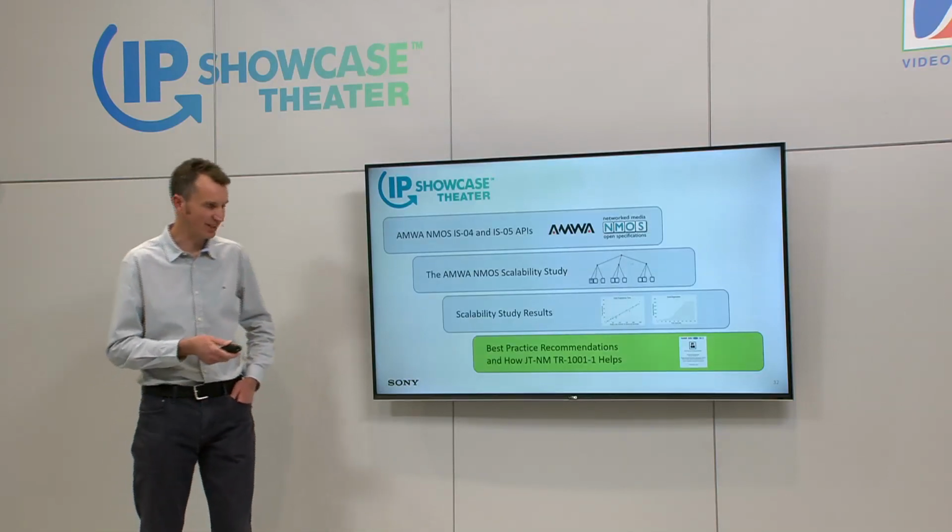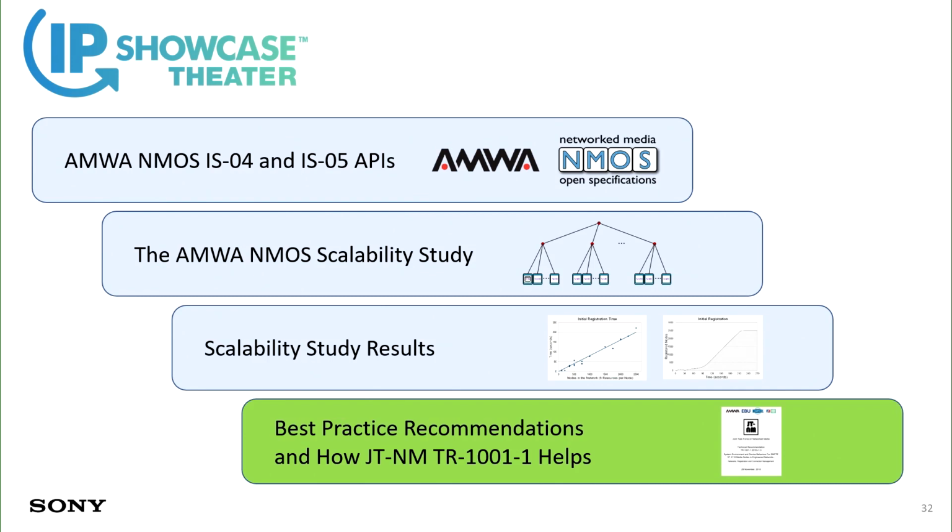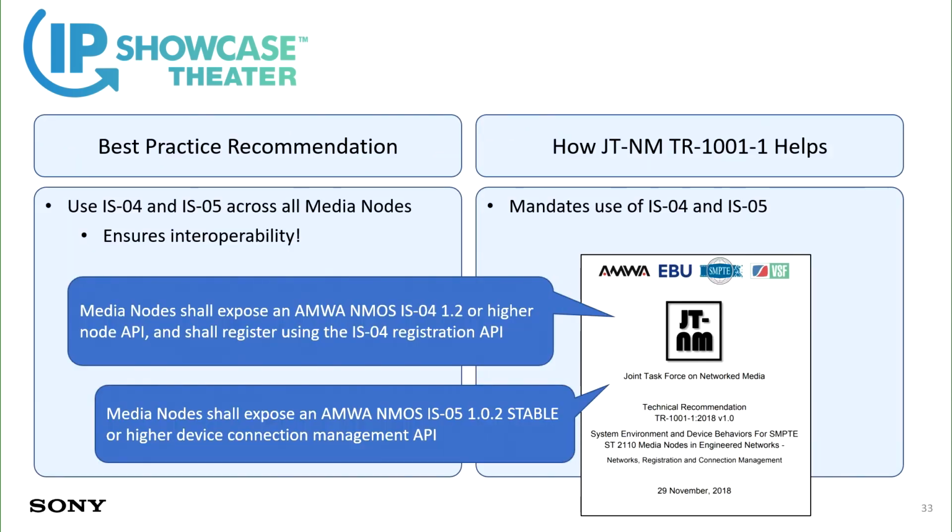So now, finally, just to reiterate some of those best practice recommendations and say how the TR 1001-1 JT-NM technical recommendation helps with that. First of all, obvious really, but TR 1001-1 mandates the use of IS-04 and IS-05. So use IS-04 and IS-05 across all the media nodes on your network to ensure interoperability.